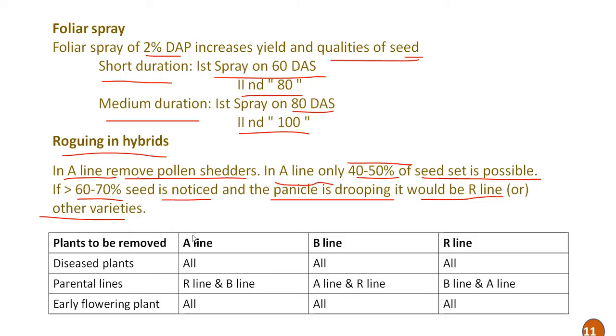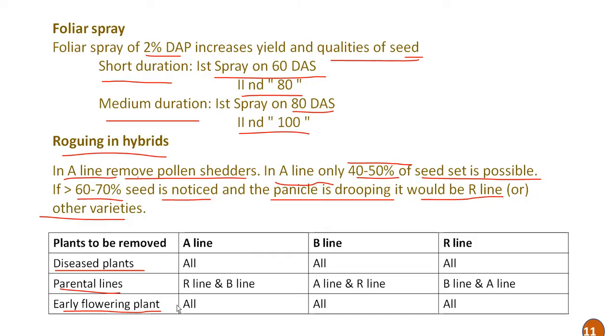Here is a table showing the different types of plants or rogues which are to be removed: diseased plants, parental lines, and early flowering plants. In case of diseased plants, all diseased plants in all lines must be rogued.